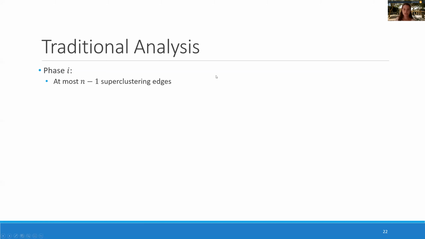For the interconnection edges, we say that the number of interconnection edges is at most the number of clusters we started with times the degree parameter. And this analysis overall allows us to say that in every phase i, the number of edges that we add is upper bounded by order of the number of clusters times the degree parameter.